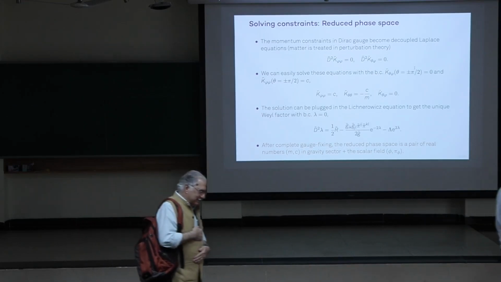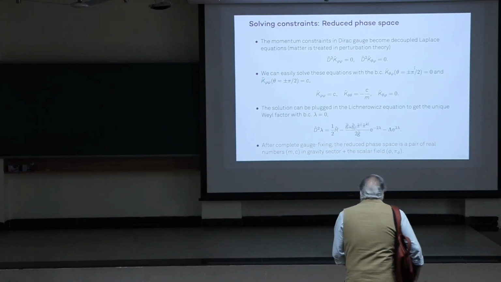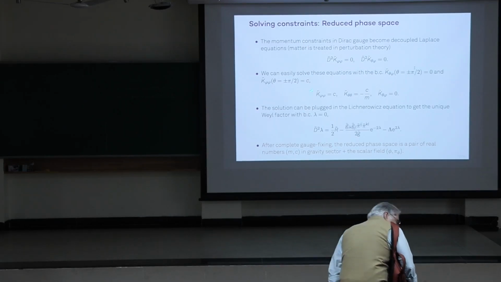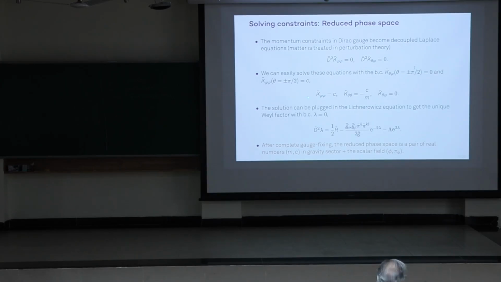No. C is basically this component of the extrinsic curvature tensor. It enters through the boundary condition, but because it's simple equations, it becomes C everywhere. Did you impose that it's asymptotically AdS? Yes, that is imposed. But then the asymptotic value of C is a global charge or something?